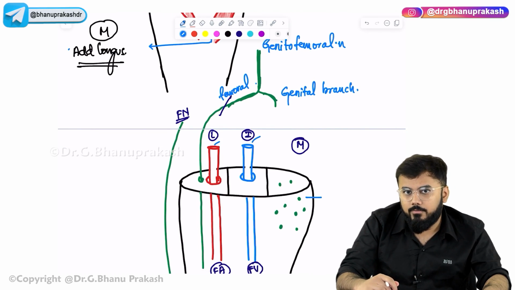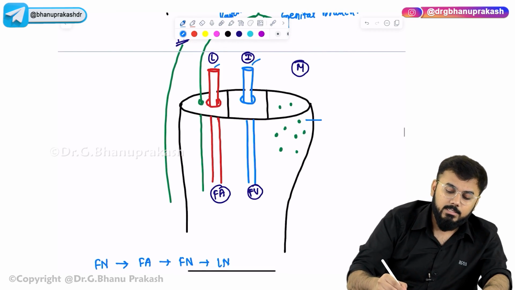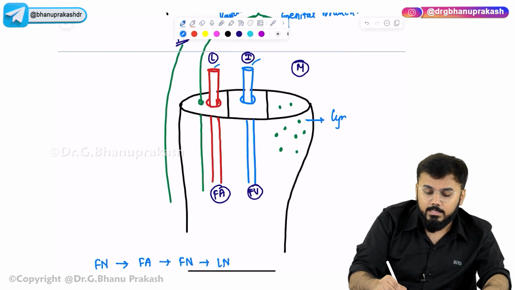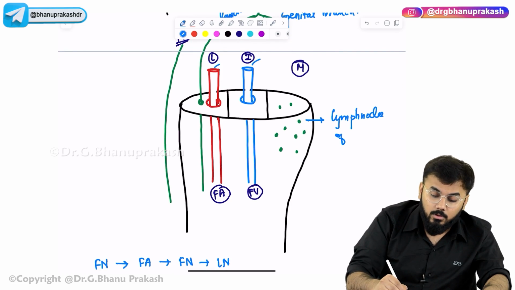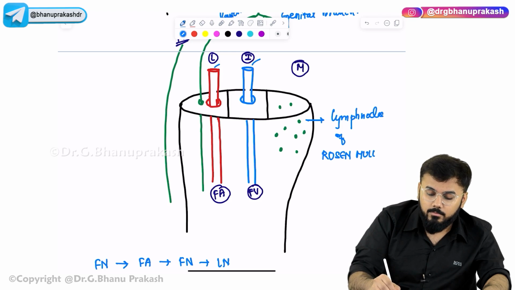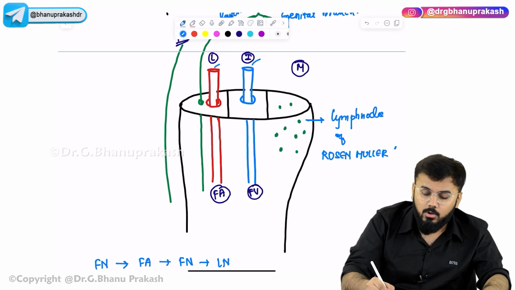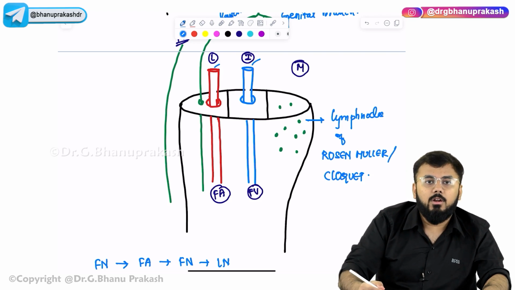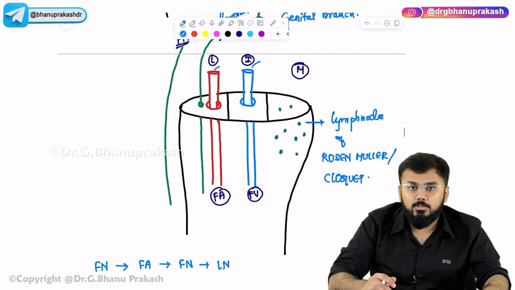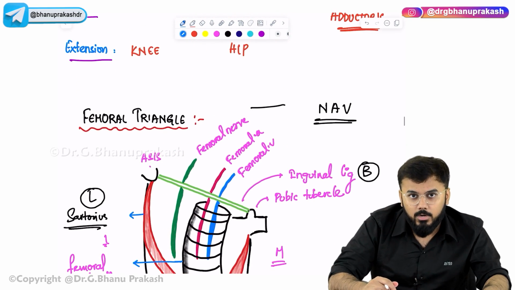And medial most you have lymph nodes over here. These lymph nodes are called the lymph nodes of Rosenmuller, or lymph nodes of Cloquet. So this is all you need to know about the femoral triangle.